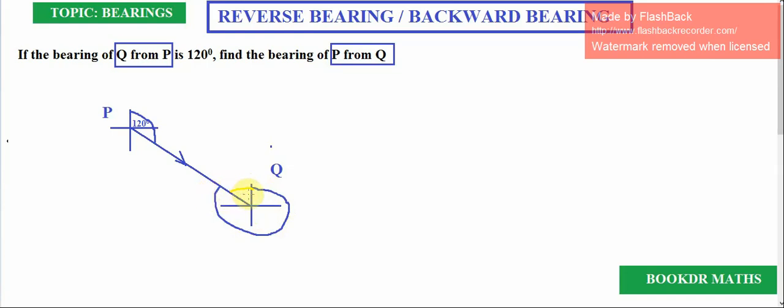The angle here, if I should call it theta, would be the same angle here. They are alternating. Look at the Z. So once I know the angle here, I will know the value of the angle here.